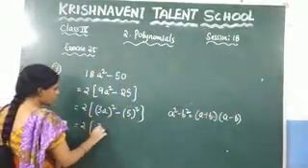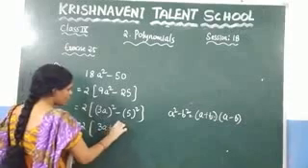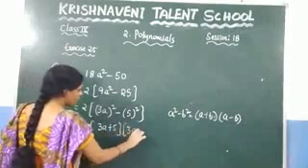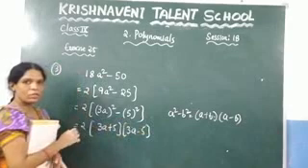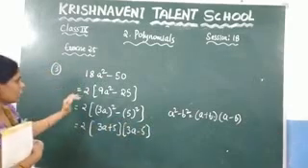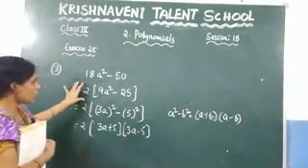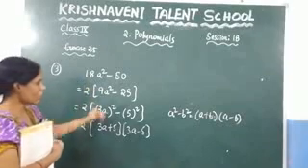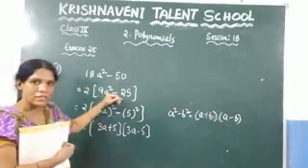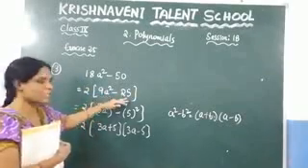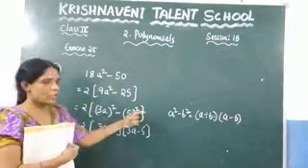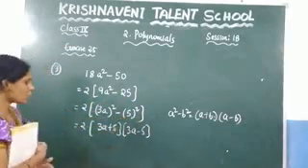How can you write this one? As 3a plus 5 into 3a minus 5. So what we have done here is take one number as common such that after taking that number you can write this expression in the a square minus b square form, so that you can solve this problem.